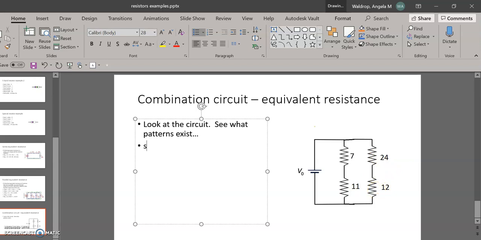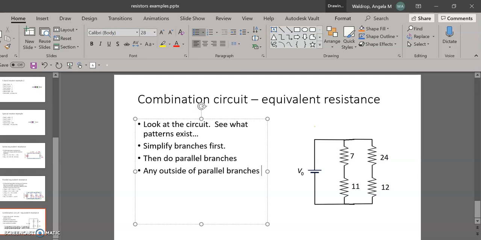So the key thing here is simplify branches first, then do parallel branches. And if there's any outside of parallel branches, do those, okay?